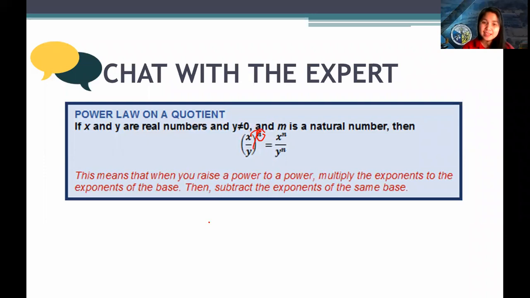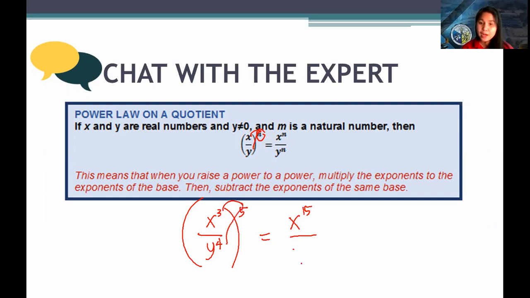Example, x to the power of 3 over y to the power of 4, all raised to the power of 5. So simply multiply: x to the power of 15 over, at the bottom, y to the power of 20, because we have 4 times 5.